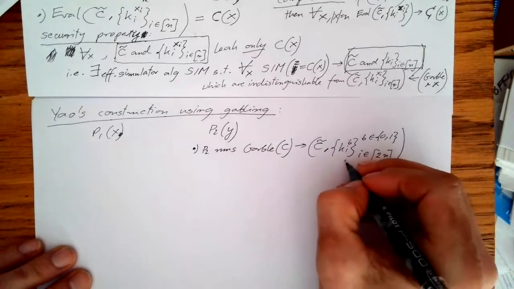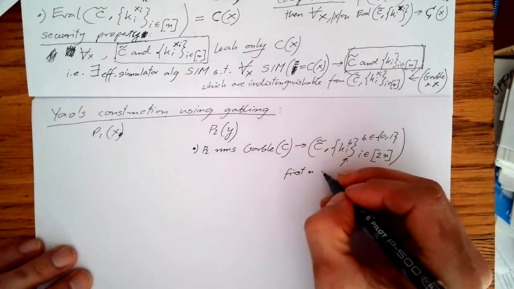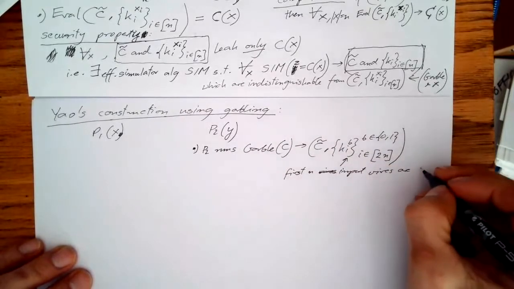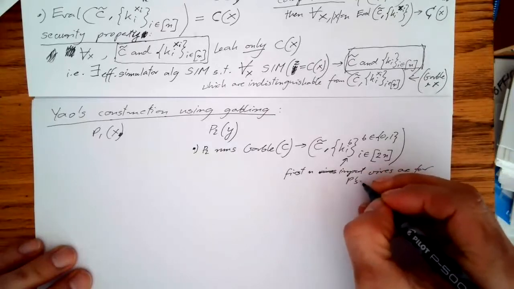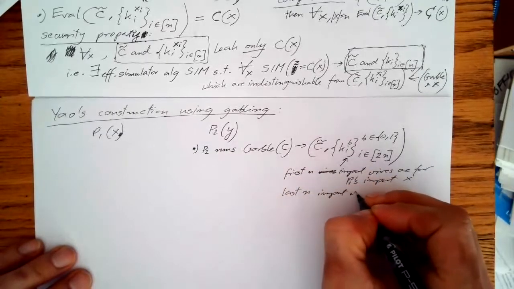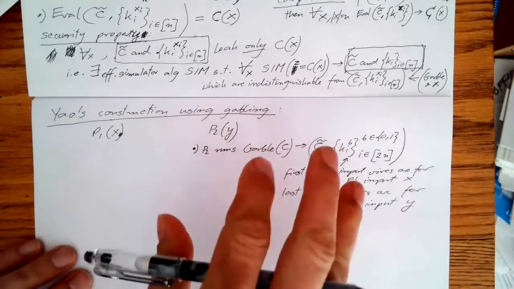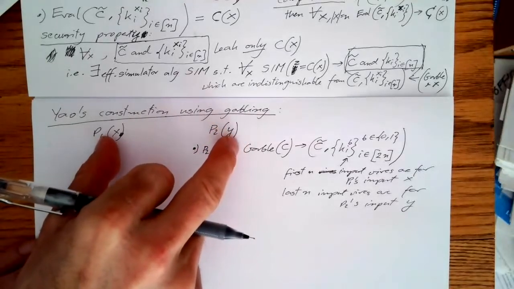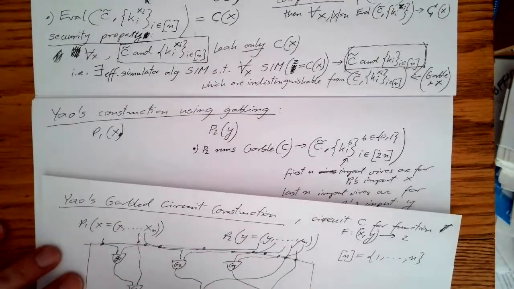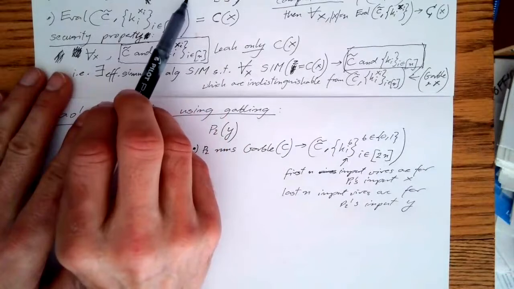My notation will be that the first n input wires are for P1's input X, and the last n input wires are for P2's input Y. From the point of view of garbling, I collected inputs X and Y and treated the circuit as if it has some 2n inputs, and created keys, both a 0 key and a 1 key, for each input wire.